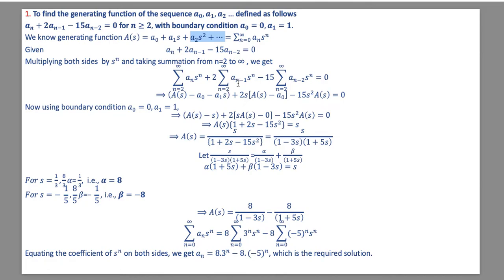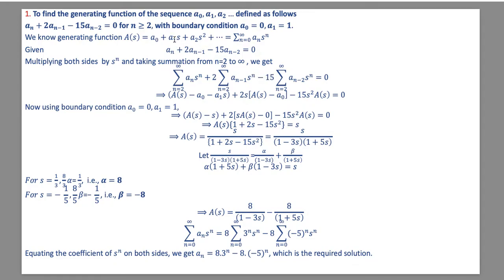Now this is a_(n minus 1) s^n. If we open this series, for n equal to 2 we get a1 s square, but here it is a1 s. Then next will be a2 s cube, next will be a3 s^4 and so on.